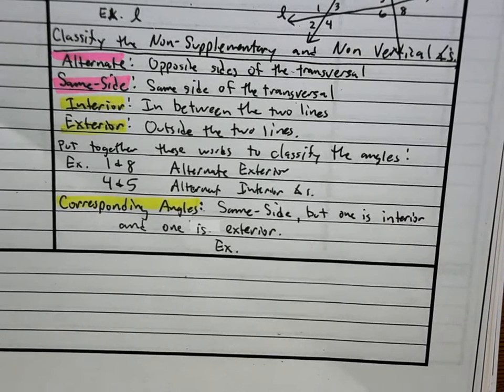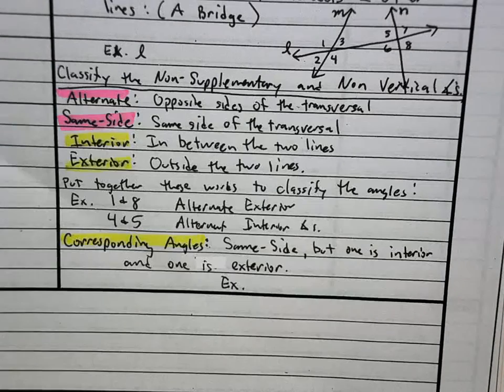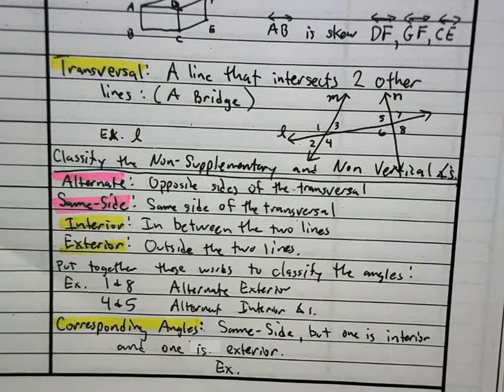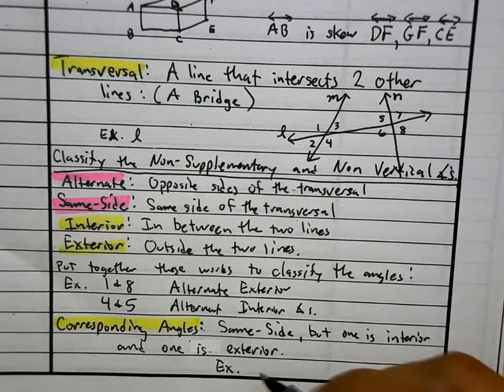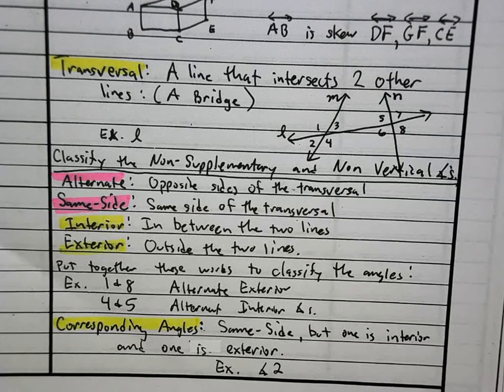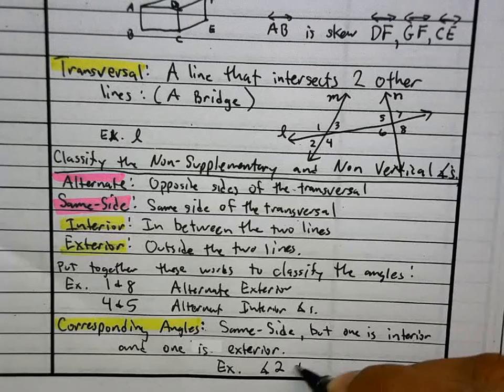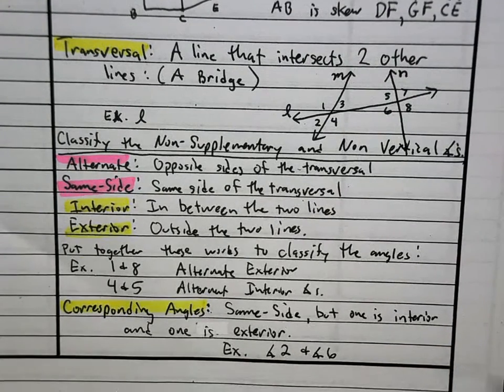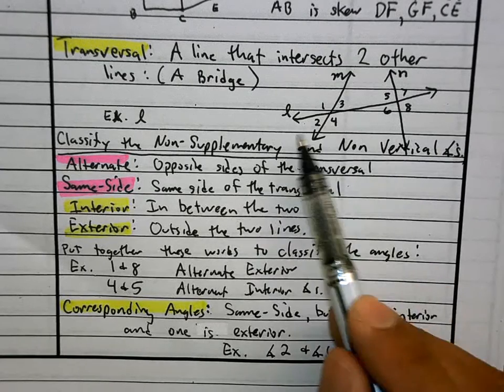If I'm looking at angle 2, angle 2 is exterior. So the corresponding angle is on the same side, has to be interior, and can't be next to it. So which one is it? Angle 6. 2 and 6 are corresponding angles.